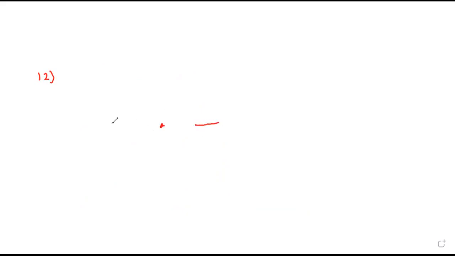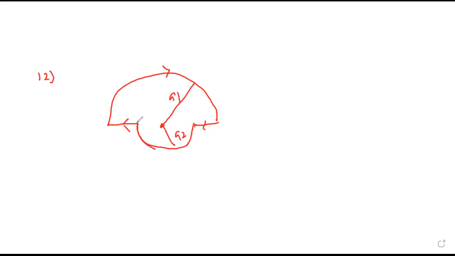There are two loops but of different radii, so the two fields will be different. One is radius A1, other is radius A2. I want the net field at O.